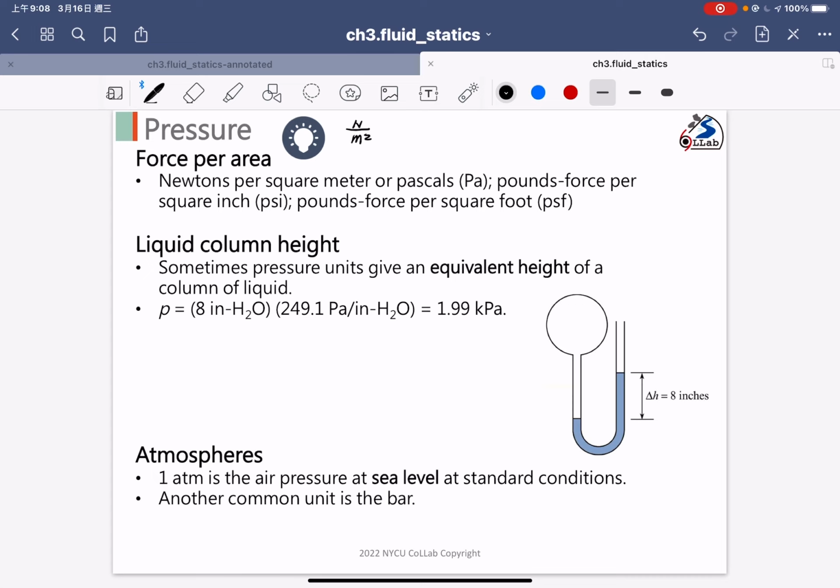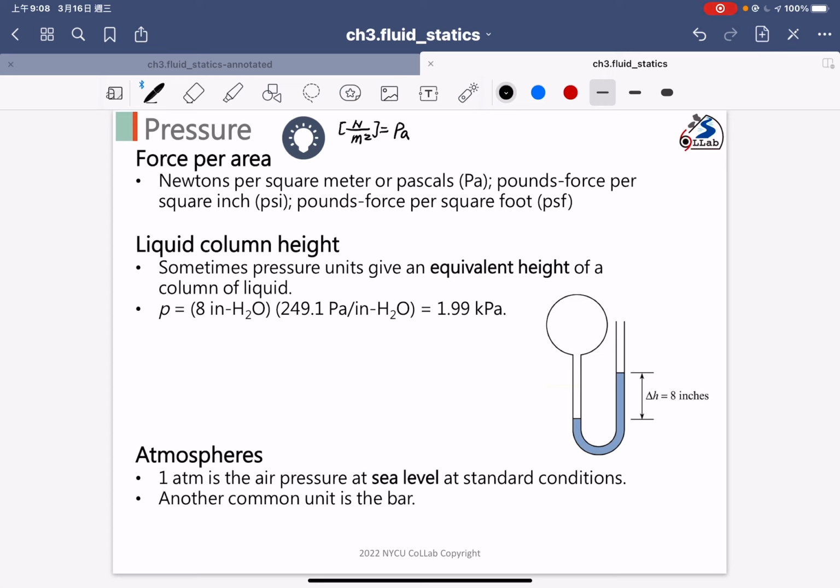So in the SI unit, we will say that it is Newton per meter square, right? And we call that unit the pascal. So this is the Pa. The unit here is the pascal.